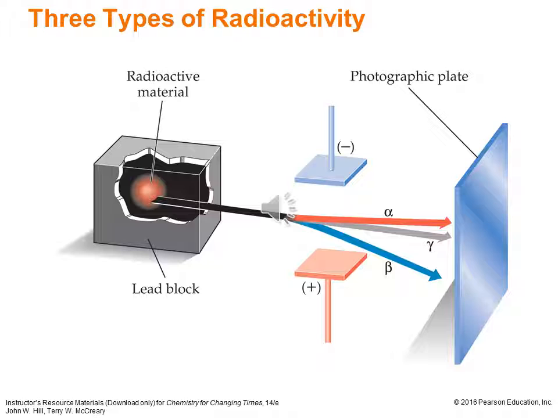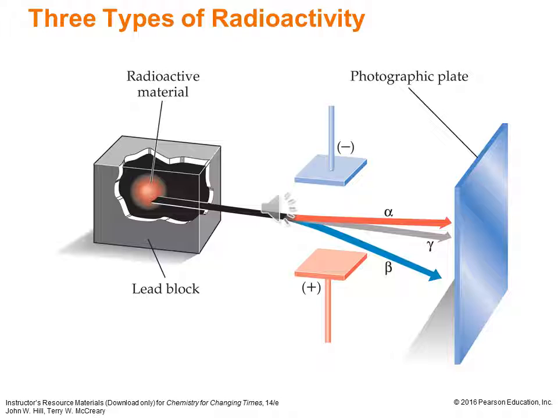All right, so we see here in our graphic three of the main types of radioactive decay that were discovered early on. The radioactive material itself is housed in a lead block. That's to keep it from interacting with the discoverer, the observer, and to force it only through one direction, through the hole in the center front of that block of lead.